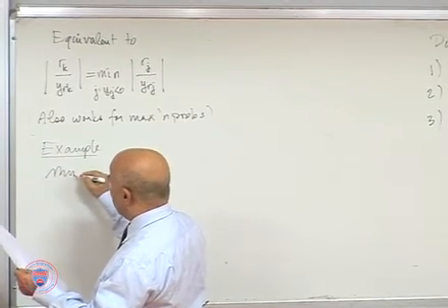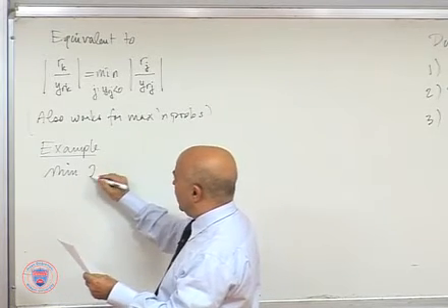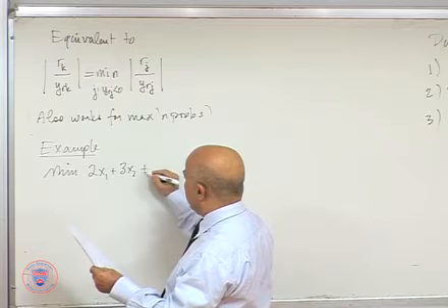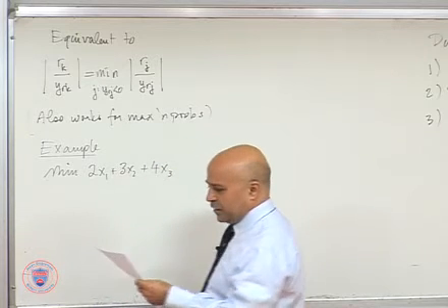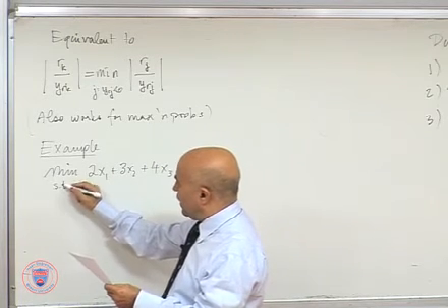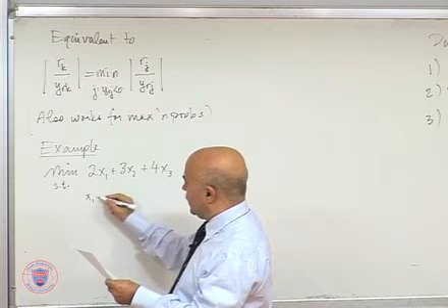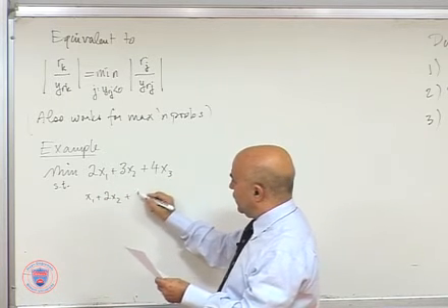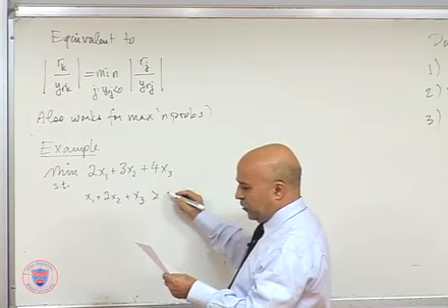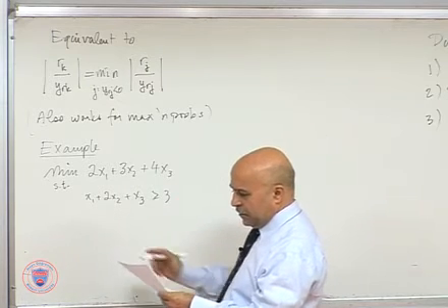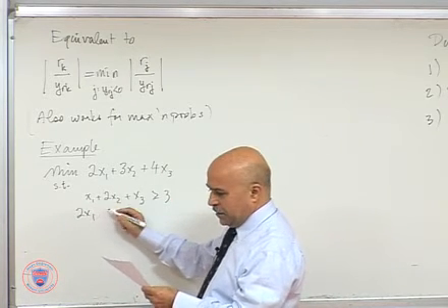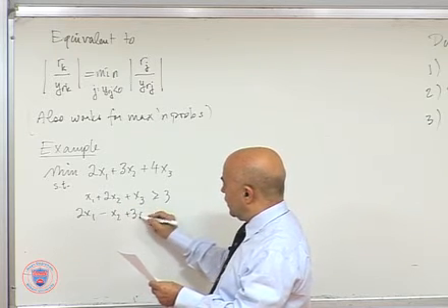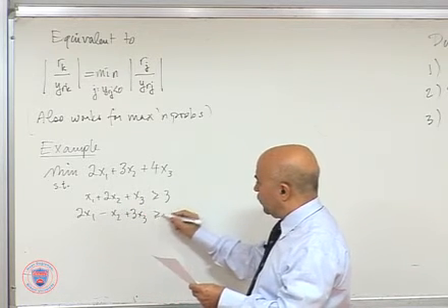We want to minimize 2x1 plus 3x2 plus 4x3, subject to x1 plus 2x2 plus x3 greater than or equal to 3, 2x1 minus x2 plus 3x3 is greater than or equal to 4.